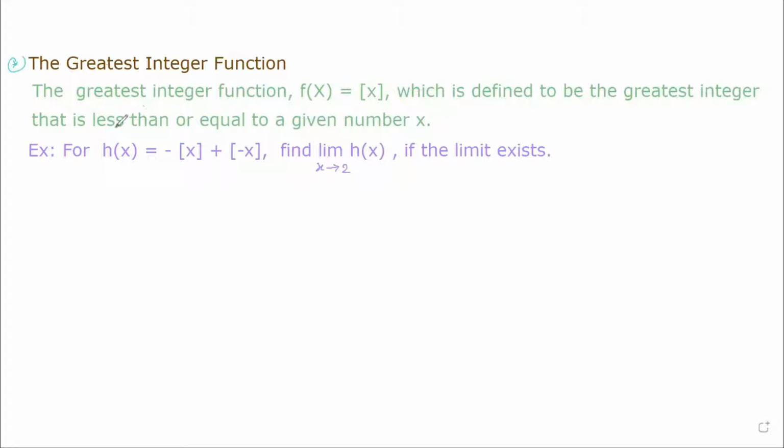So what is the meaning of this? See this, the greatest integer function, f of x. This one should be a small x, not that big. Say f of x equals the greatest integer of x.